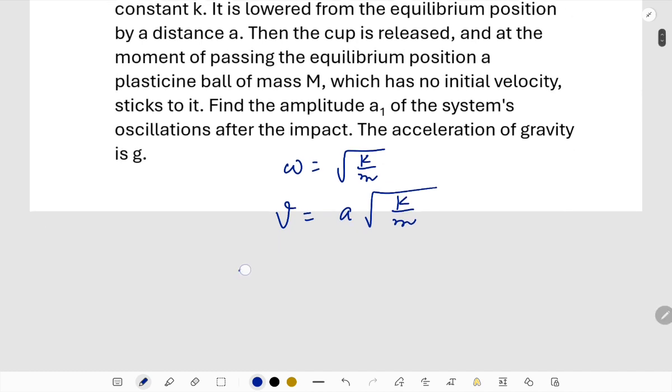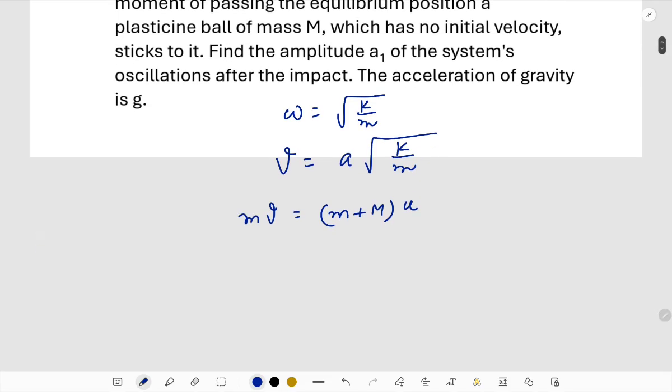Before collision, its momentum was mv, and after collision, this was an inelastic collision, their velocity will be some u, so that we can write u equals ma by m plus m under root k by m.